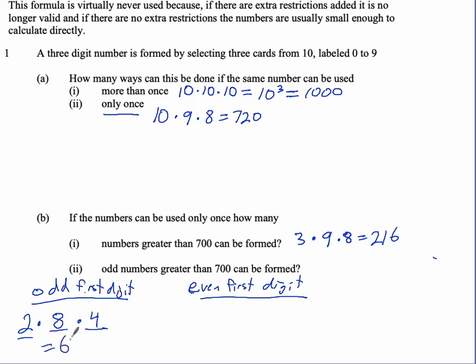So this equals 64 possibilities. If the first digit is even, in other words, it's an 8, there's 1 choice for the first digit. For the last digit, you have 5 choices, and for the middle one, again, you have 8. So that's 40. So the total is actually 104 possibilities.